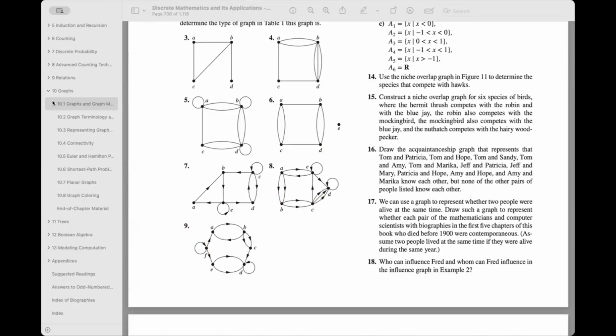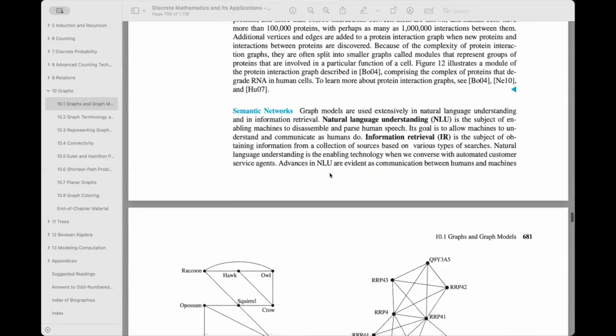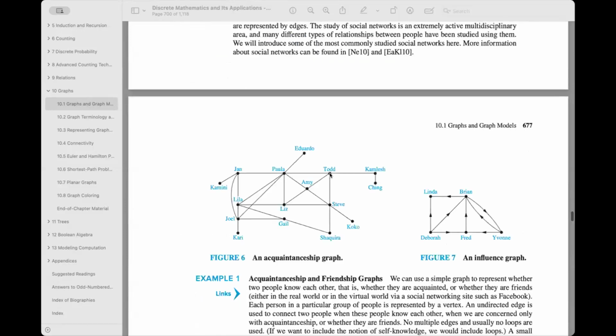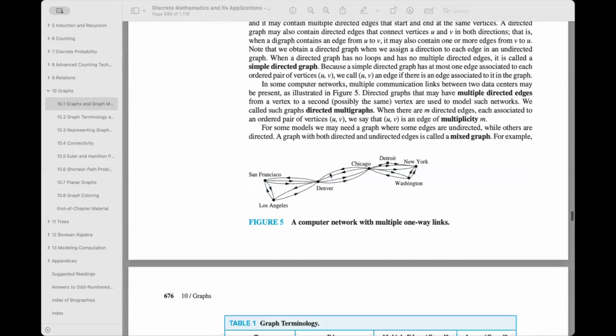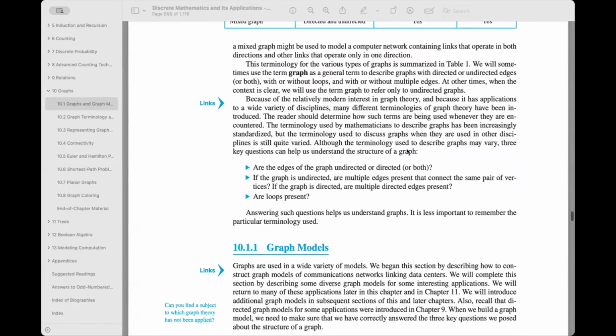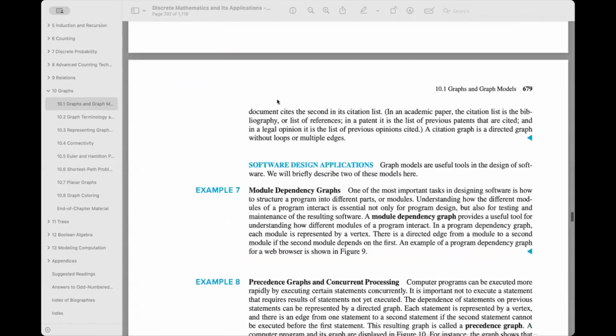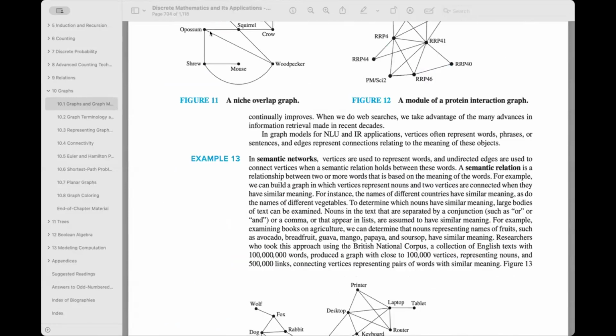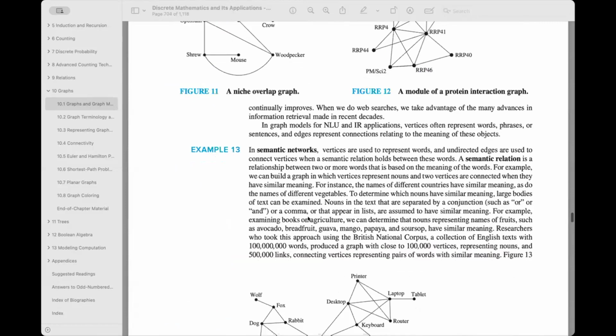Or, is there, yeah? 7 and 9 are mixed, and 8 is a multigraph. 8 is also mixed. I think with mixed graphs, that's the only time you're allowed to have a loop. But let me check again. Oh, okay. So mixed. Oh, directed. Yeah, you're allowed to have. Sorry, I messed up. Yeah, thanks.